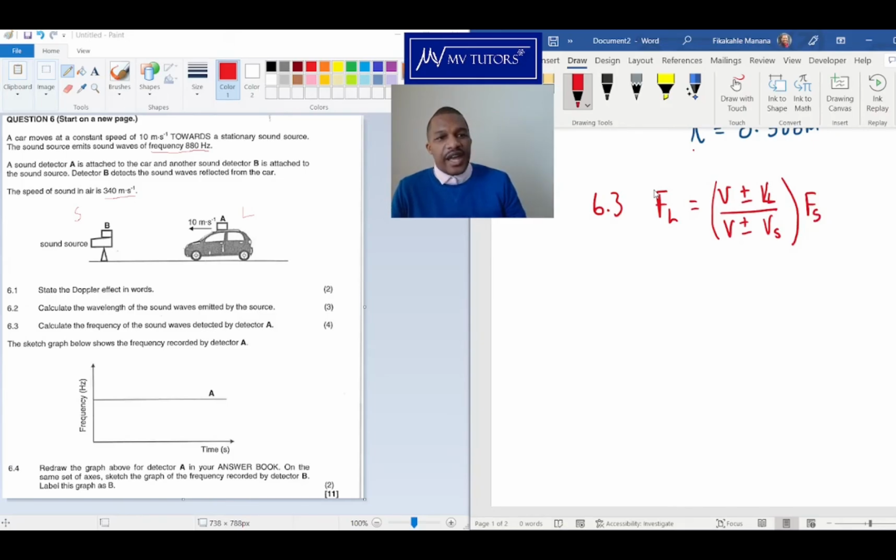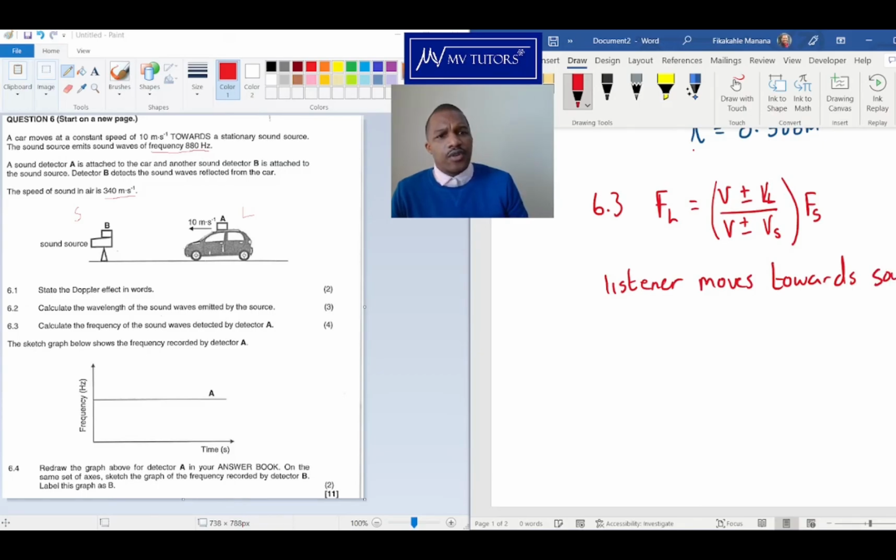Okay, but now what's the scenario? Because we have different scenarios when it comes to these things. The scenario that we have here, if we look carefully, what's happening? The car is moving, which is the listener is moving towards the source.